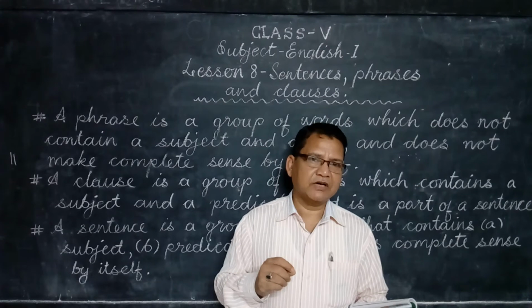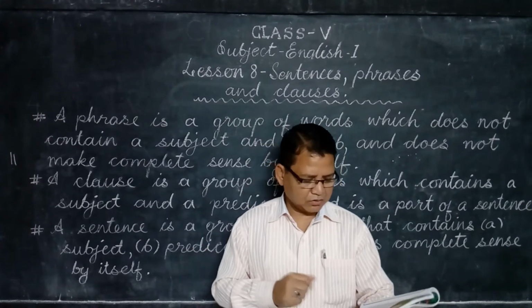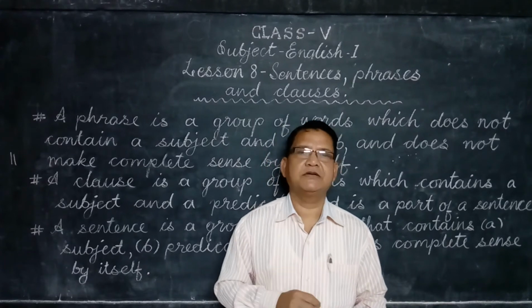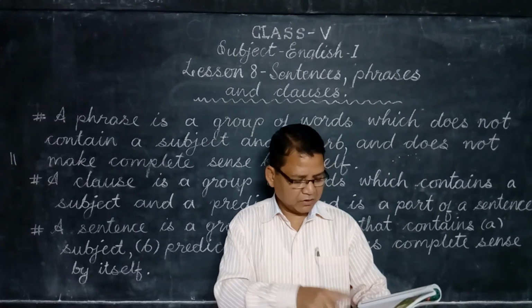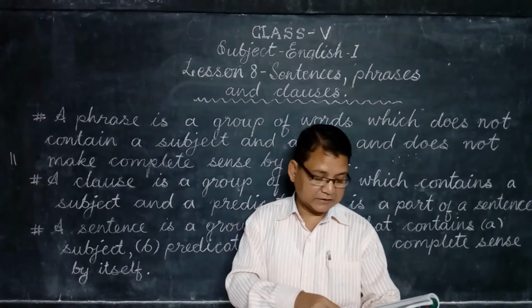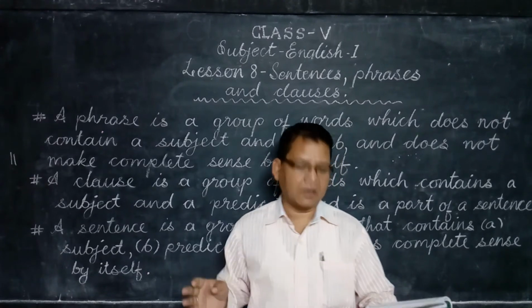The wedding is the subject and the rest is predicate. The boys were running to the playing field. The boys is the subject and the rest is predicate. Now see, in the first sentence the man is the subject, in the second sentence the wedding is the subject, and in the third sentence the boys is the subject, and the rest are predicate.